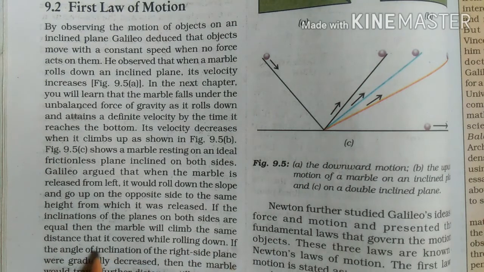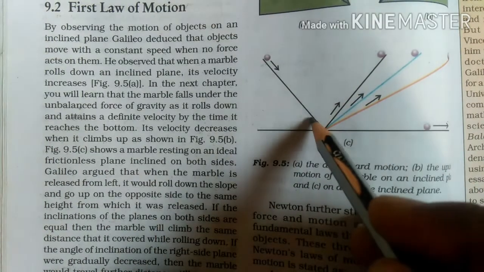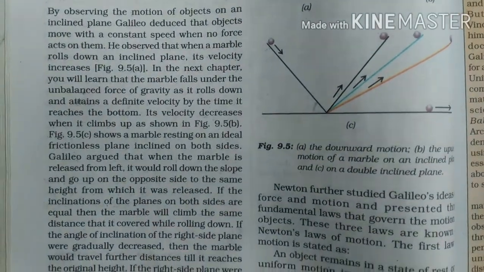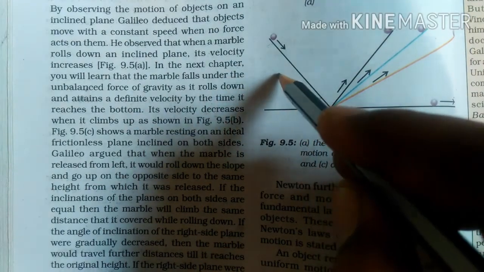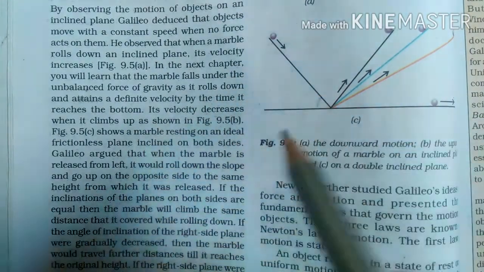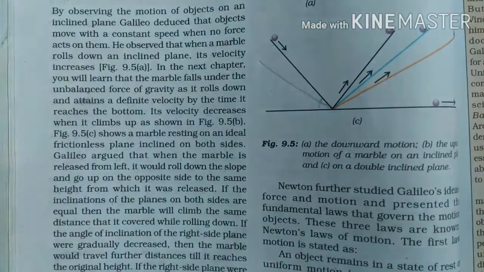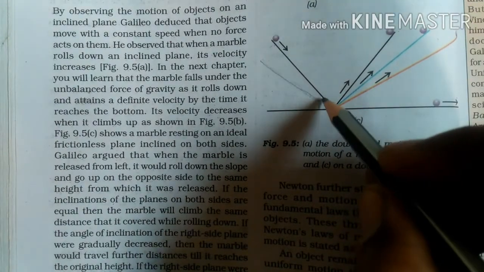If the angle of inclination of the right side plane were gradually decreased, now see, this is the inclination angle. If we decrease it, the angle is decreased.